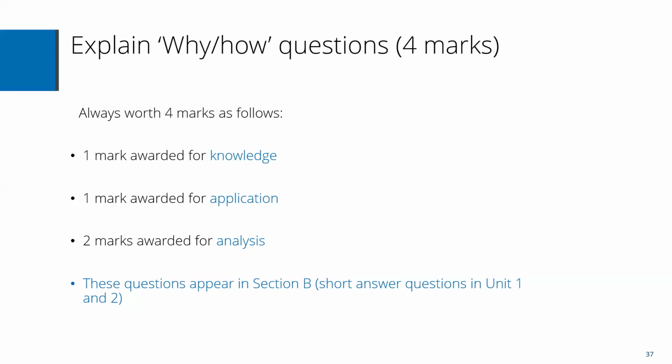Half the marks on these questions are coming for that analysis. So it's the link chain, the impact that we're looking for. And that's why it's important to be able to understand the difference. Noting that assessment objective breakdown is key for helping students to score full marks on these questions.